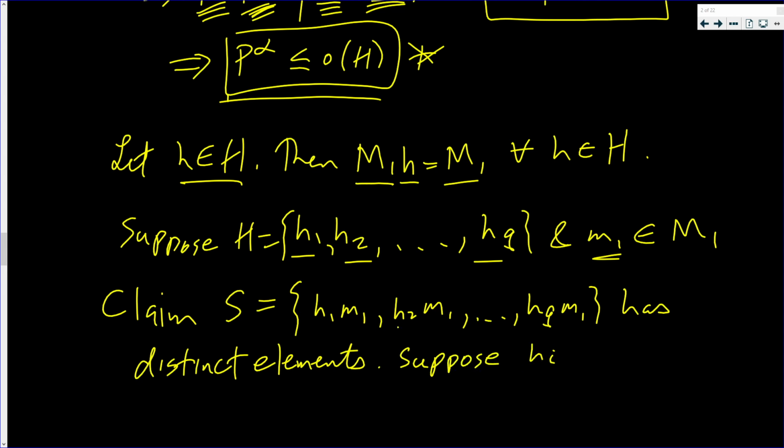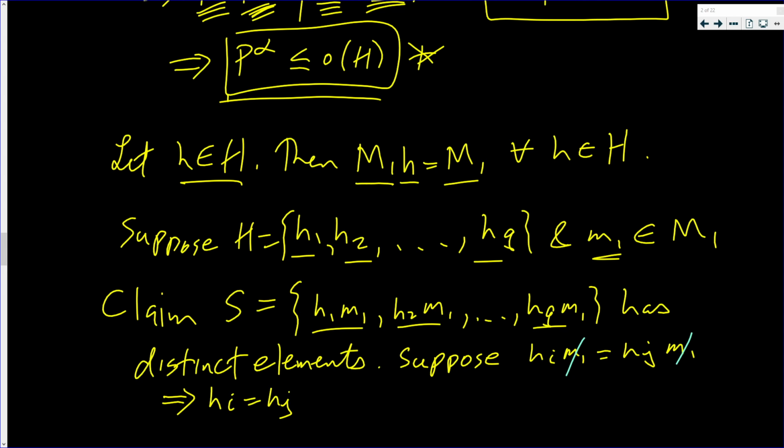Suppose I take two elements from here, hi m1, and I say it equals hj times m1. Well, that would imply, because we're in a group, that we have the cancellation law. That implies that those two elements were exactly the same.